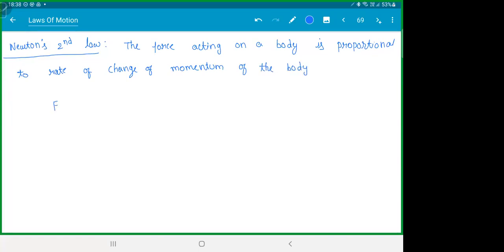So Newton's second law is actually this: force is proportional to rate of change of momentum.